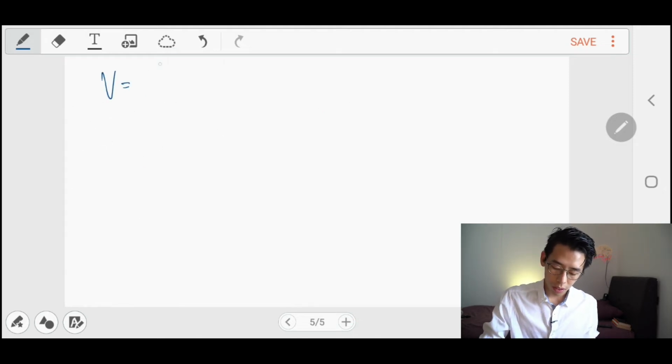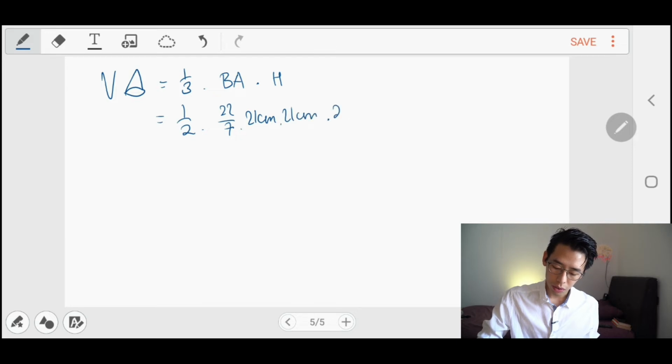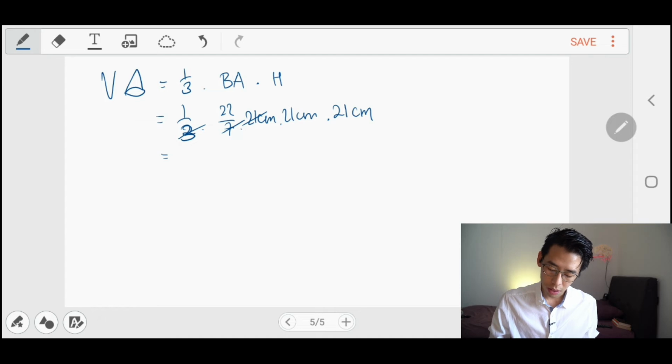The volume of a cone is 1/3 times base area times height. Base area is 22/7 times 21 centimeter times 21 centimeter, and the height is 21 centimeter. Sorry, this is supposed to be 1/3. So 3, okay, and then you calculate 21 times 21 times 22. 21 times 21 is 441 centimeter squared, and then times 22.